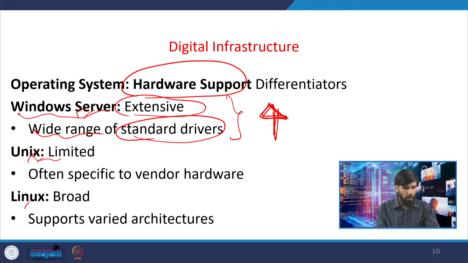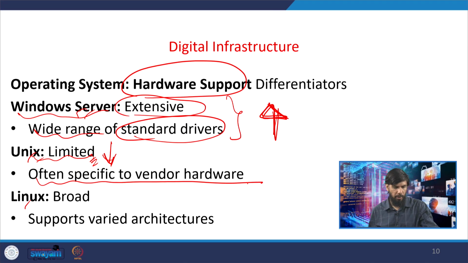But if we talk about Unix, then the hardware support is limited, right. So this is often specific to vendor hardware, right. So more often than not, you will have to stick to the vendor hardware. Whatever server you bought, Unix will more often than not come shipped with it. This is the regular way Unix is sold.